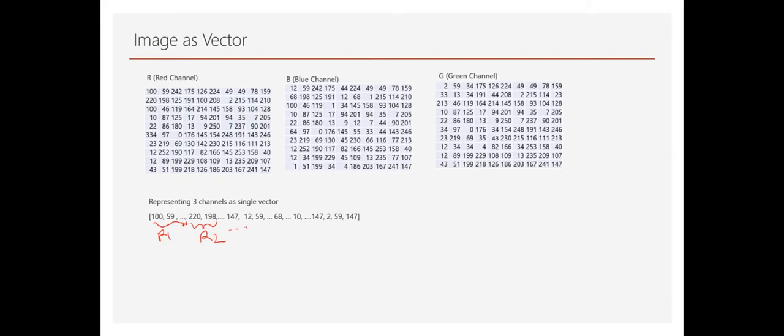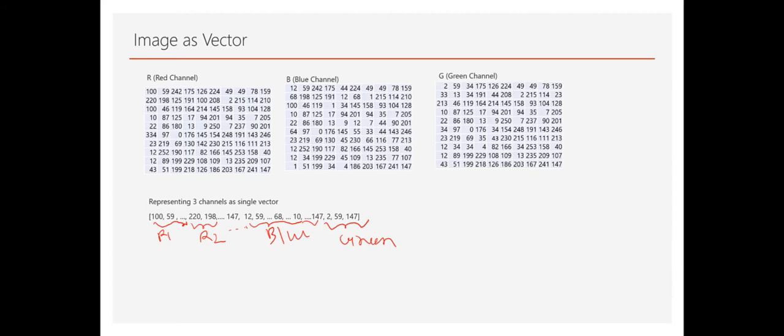All the rows you are representing just one after another, and you repeat that till you finish the red channel, right? Then the blue channel starts once the red is finished, and again you just start writing the values one after another for all rows, and this represents the blue channel. Similarly you can put the green channel.